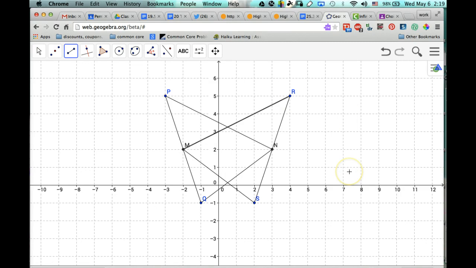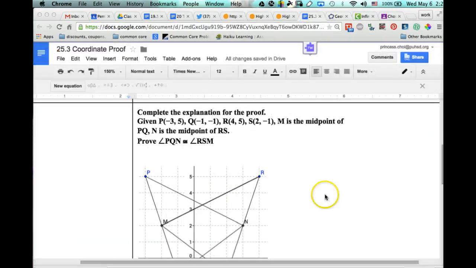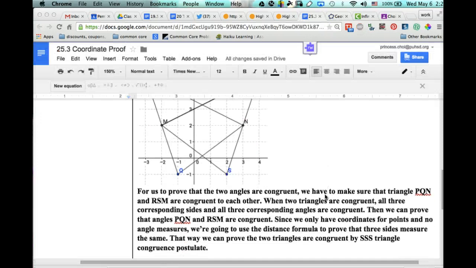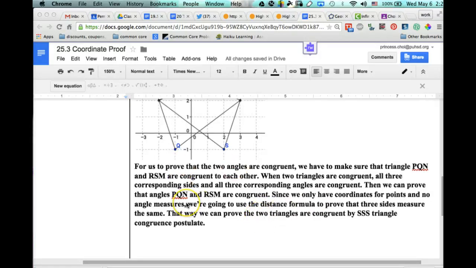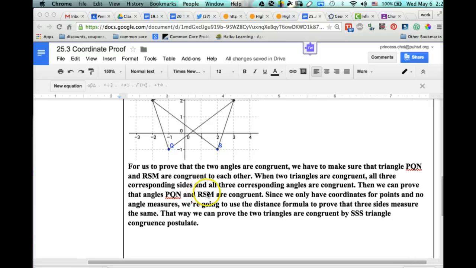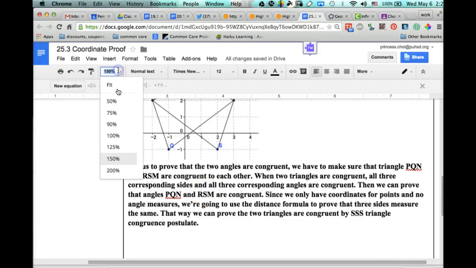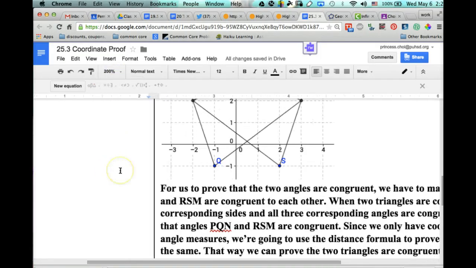So now let's go ahead and take a screenshot and put it in the document, okay? Okay, so now after we did the screenshot, we have to explain how we're going to prove that the 2 angles are congruent to each other. So we have to actually type it out and explain what we're going to do. And so basically, let me try and make it bigger for you so you can see.